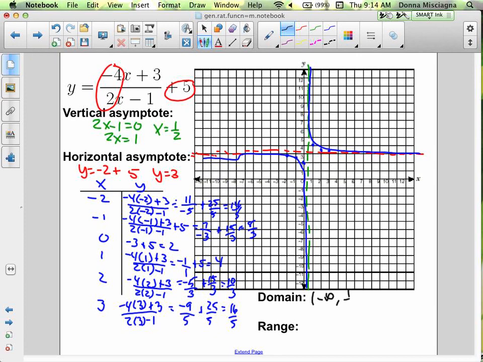Yep, you just got to take out that vertical asymptote. And then the range, and you want it yellow. No, that's the domain. 3, there you go. Take out the horizontal asymptote. And then 3 to infinity.